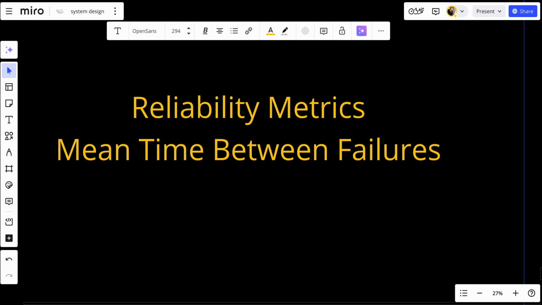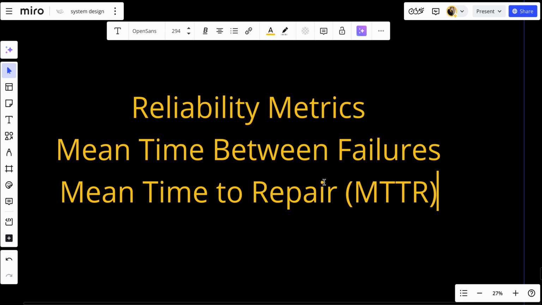The higher this value, the more reliable the system is. Second, mean time to repair. The average time it takes to recover from a failure. A lower MTTR means faster recovery and higher reliability.